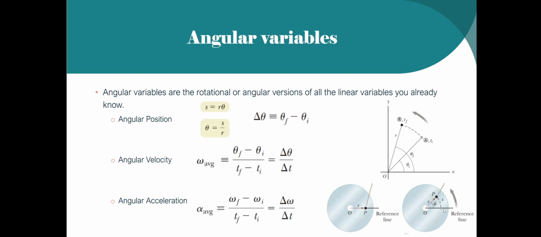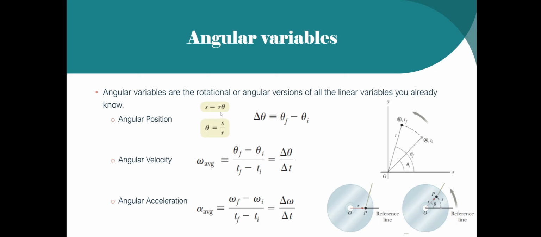You see here the path that point P took from the initial to where it ended up on the final. It traveled a distance s. We call that the arc length, the length of the arc that it traveled through because of that motion of theta.